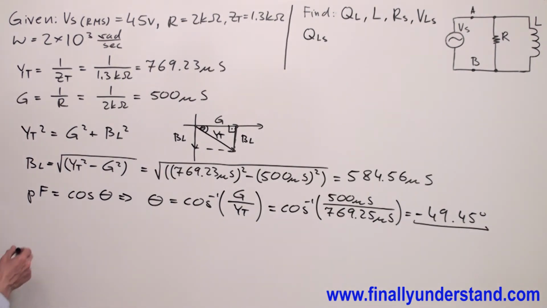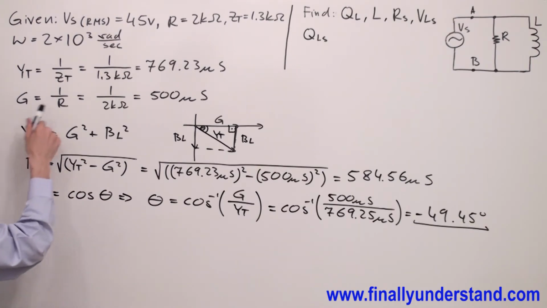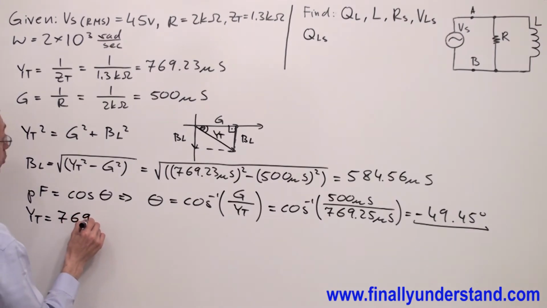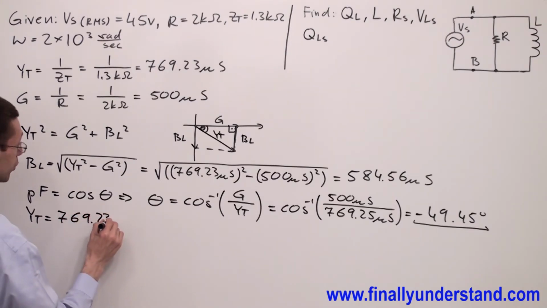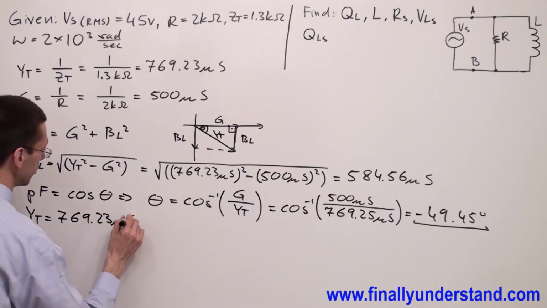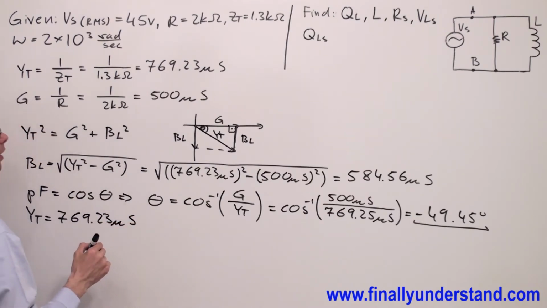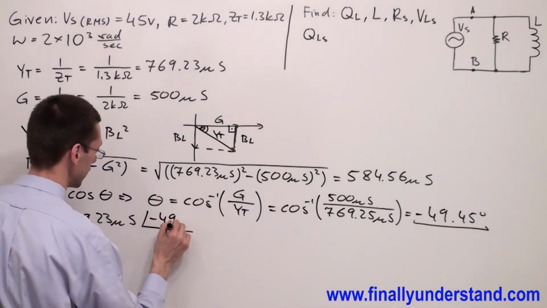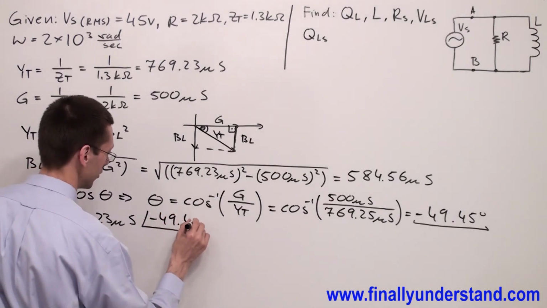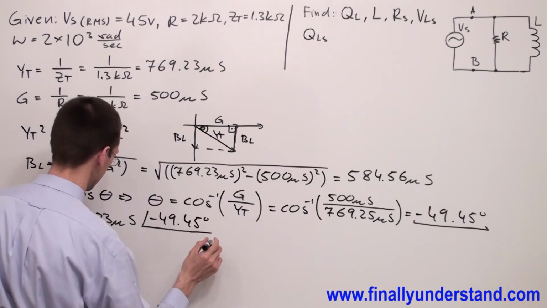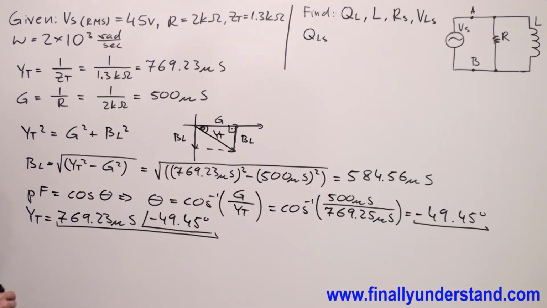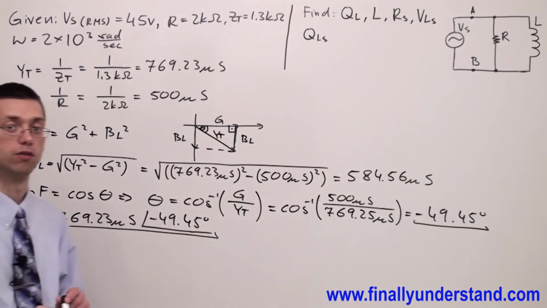So I have Y total is equal 769.23 microsiemens and angle of negative 49.45 degrees. Okay, so this is the total admittance of my circuit.